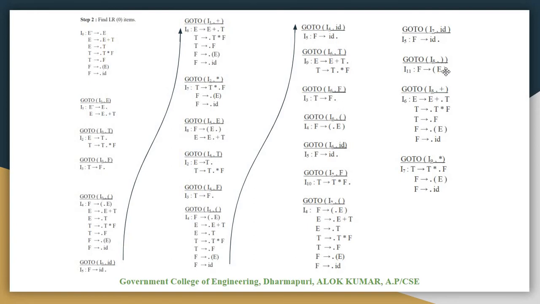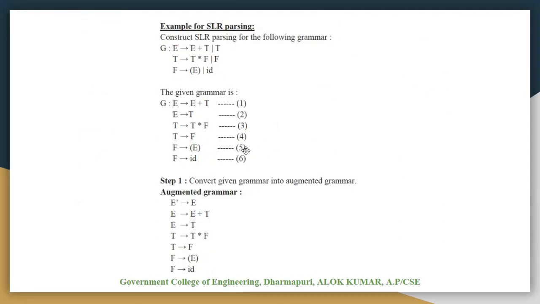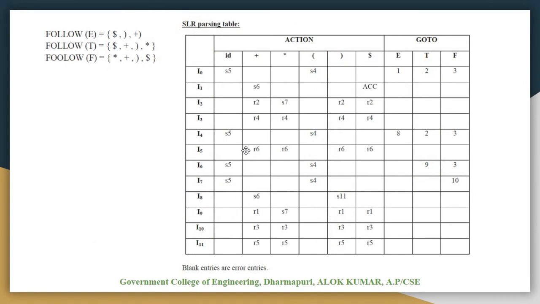Here we will see this production rule, this one is 5. So R5 we will keep. You can see all these we have kept in this manner: R5, R5, R5, R5. In this manner we are going to complete this parsing table.